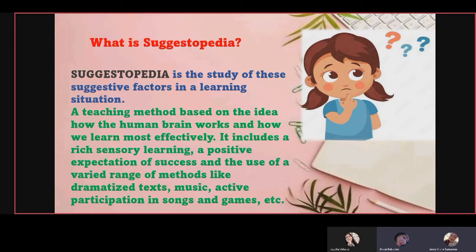It includes rich sensory learning, a positive expectation of success, and the use of a varied range of methods like dramatized text, music, active participation in songs and games, and so on. The purpose of this method is to make the students reach communication competence, which is the goal of students of a second language.